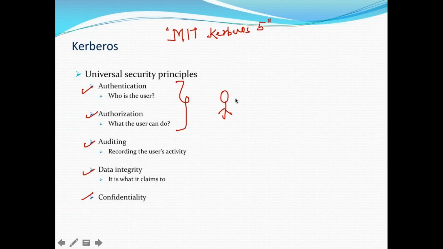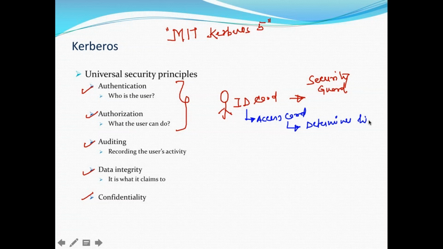So a person goes in wearing an ID card. The security guard authenticates him, that he belongs to this company, right? Then the ID card also has an access card, and this access card determines his privileges, his access to various departments.